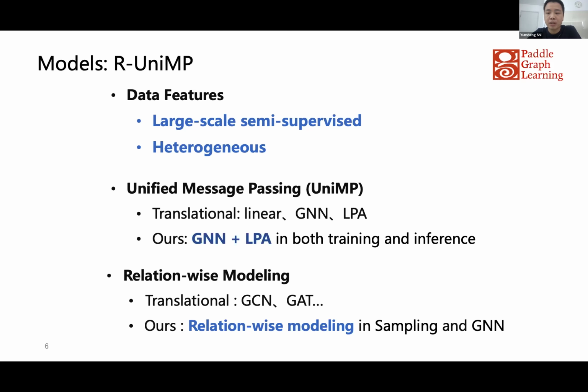For the large-scale semi-supervised feature, we propose to unify the node feature and label propagation within a message passing model to fully utilize neighborhood information. For the heterogeneous feature, the baseline model uses different GATs to encode nodes with different types and gets obvious improvement. We perform more kinds of relation-wise modeling in both sampling and model structure to get a better result.